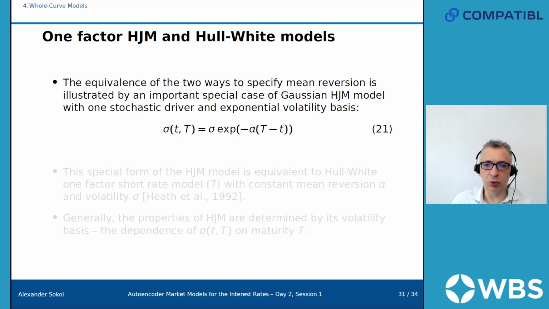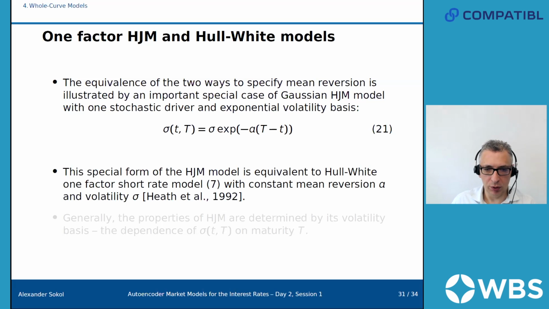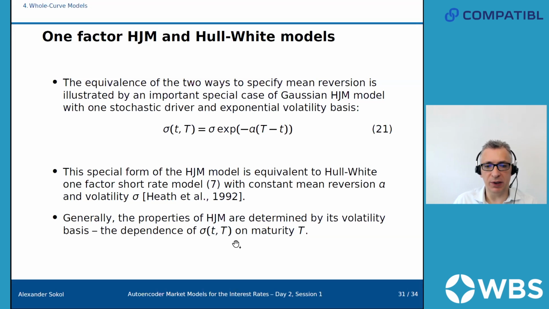And the equivalence of the two ways to specify mean reversion can be illustrated by the special case of one-factor Gaussian AGM, which is equivalent to the Hull-White model if we use this particular form of volatility, right, which is exponential decay. And this factor in its exponential decay is the same as the Hull-White model mean reversion speed, right? So the properties of AGM are determined by its volatility basis, right? So the dependence of volatility on maturity.